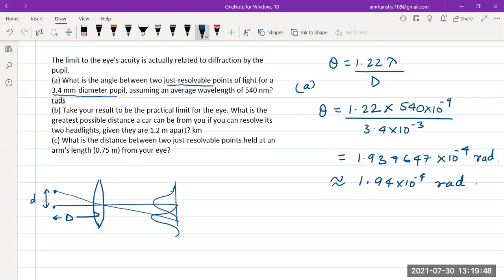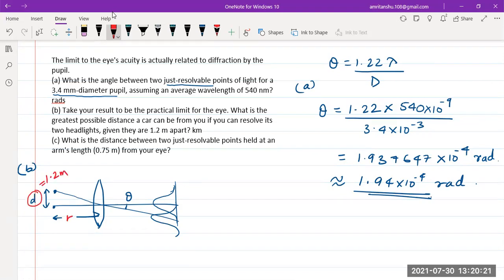So now we have already calculated this theta. This theta is going to be this. And here they're asking you this distance. What should be the distance of the car if the headlights are, now here they've given you this small d. Again, please remember, d is the aperture of the lens, so I'll just take this distance as r. So we are supposed to calculate this distance r, if this small distance d is given to you as 1.2 meters.